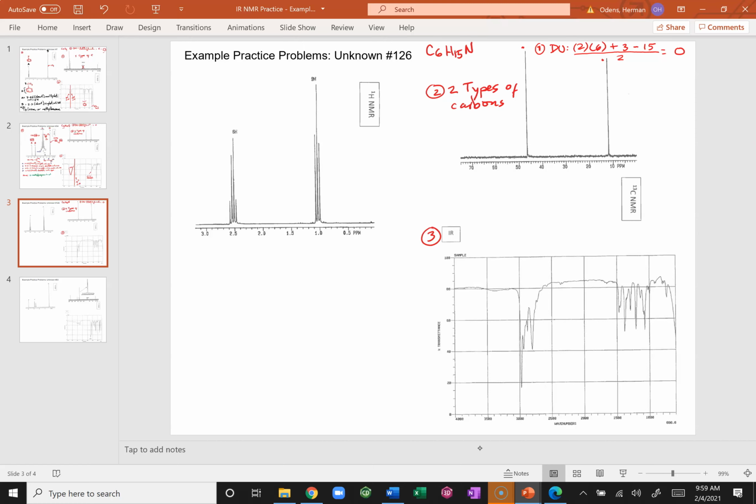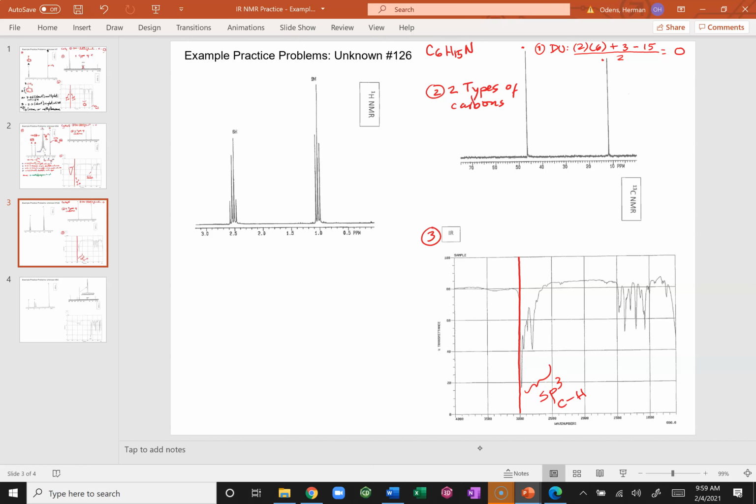An imine is a carbon with a double bond to N. The 3000 line will solve for that. There's nothing on the left side, so there's not a double bond. There's also nothing in this region for the double bond. So it's flat. The only thing I see here is sp3 CH.